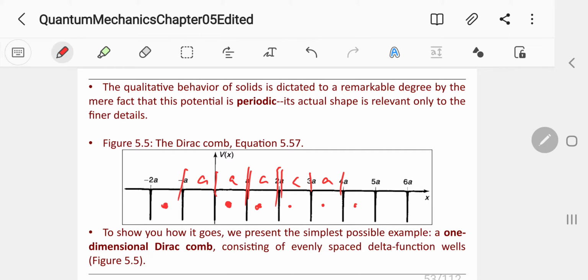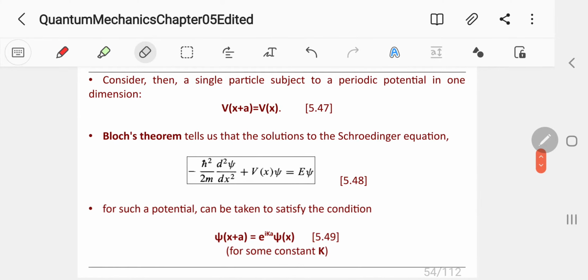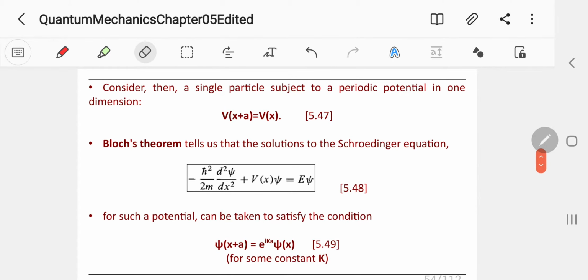This is a one-dimensional Dirac Cone consisting of evenly spaced delta function wells. So if you have a particle in one region, as I've said earlier, it experiences the same potential as in another location because of the regular spacing of the nuclei.